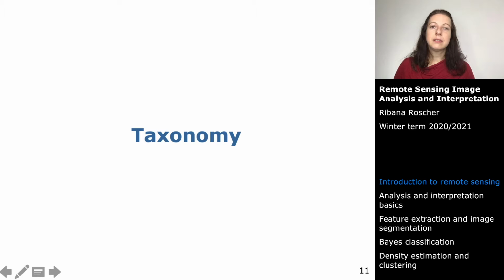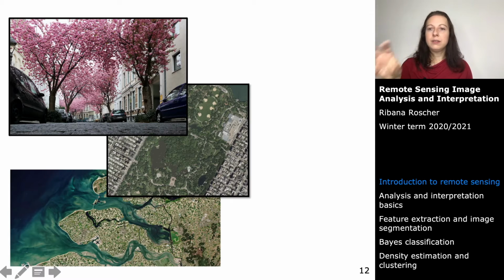So remote sensing is a lot about different characteristics of sensors and how we can actually sense our world. And when we have a look at all these kinds of images, I show you here some satellite images, some close range images, we can ask ourselves a few questions.